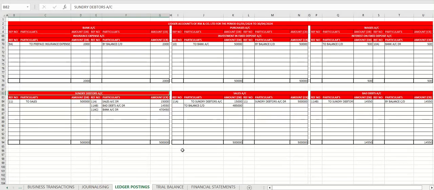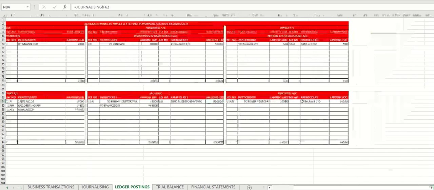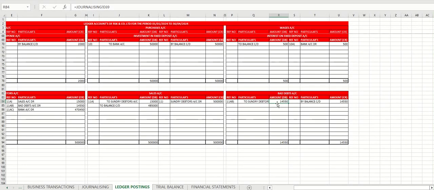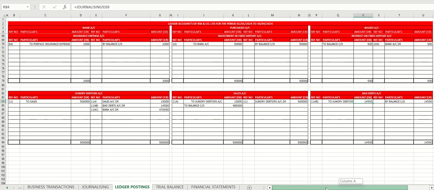Here, sundry debtors account 5 lakhs, sales account 5 lakhs, bad debts account. Bad debts is an expense, right? So we are directly debiting the bad debts account 14,550, and whatever the balance is there, we are carry forwarding that balance.